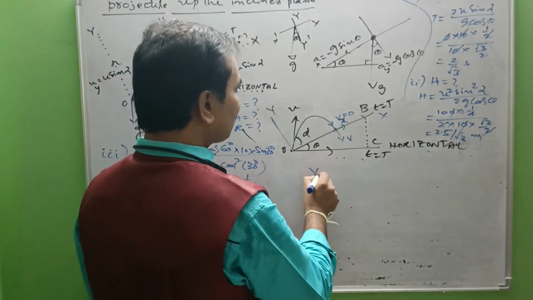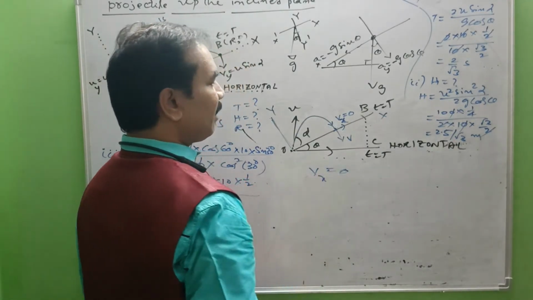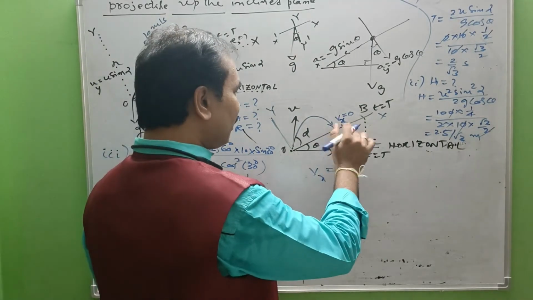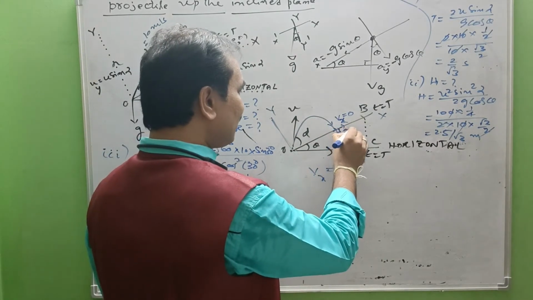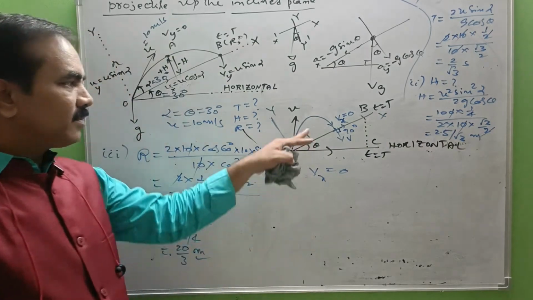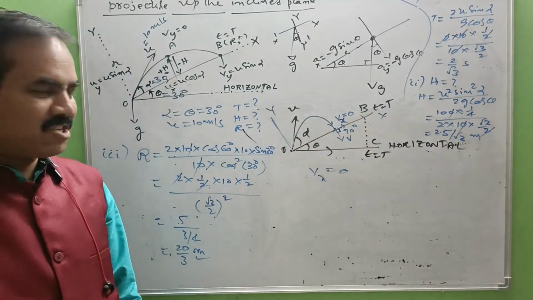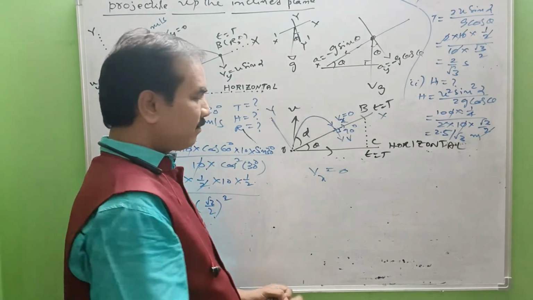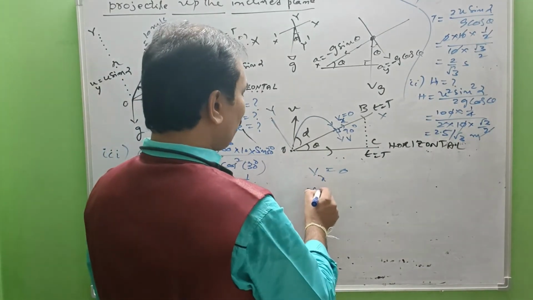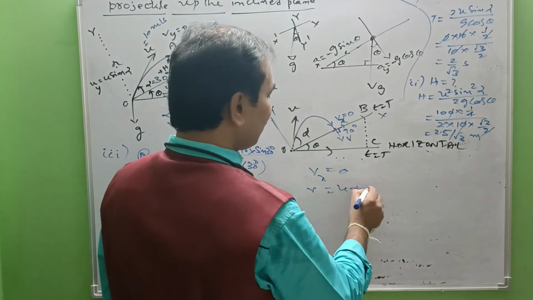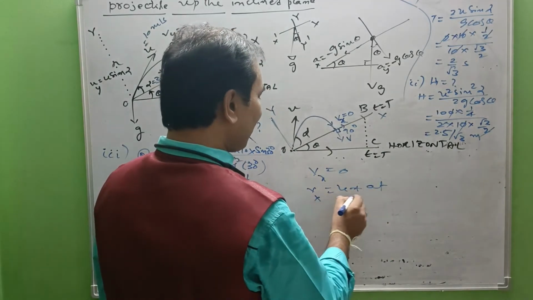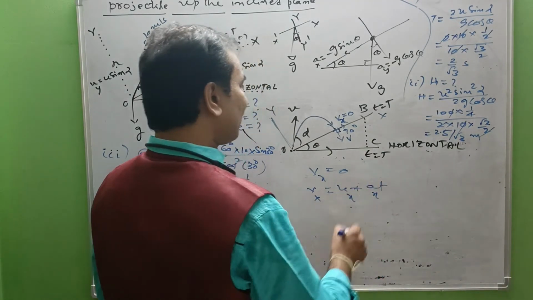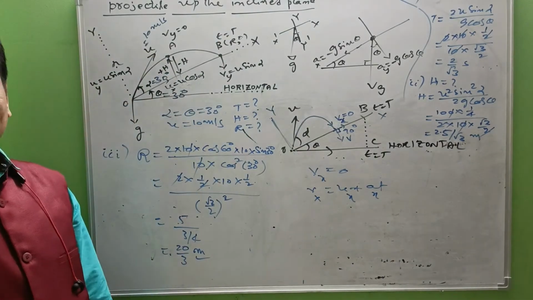It strikes the inclined plane normally, somewhere here at 90 degrees, so the x component of velocity is naturally 0. So on taking v equal to u plus at along the x-axis.